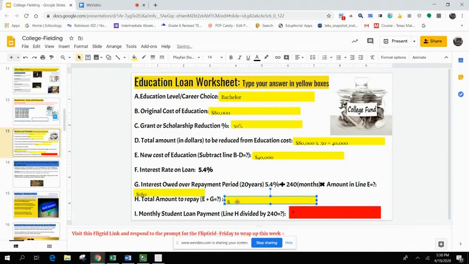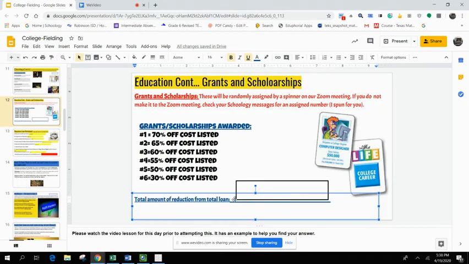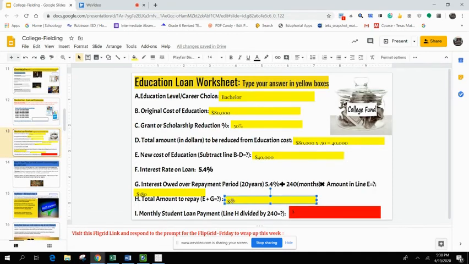Then on line H, I would add E and G. So E is the 40,000 plus the 180.